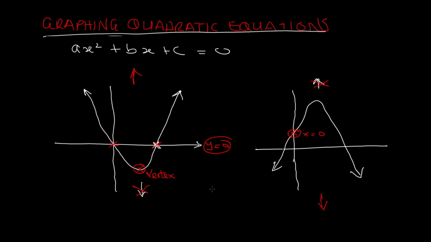When you have these four aspects, let me write them down here because these are so crucial. I'll write them in green. Number one, you need to know the general direction. Okay. Direction of the graph. Number two, the solution set. Number three, the vertex. Number four, it's the y-intercept.